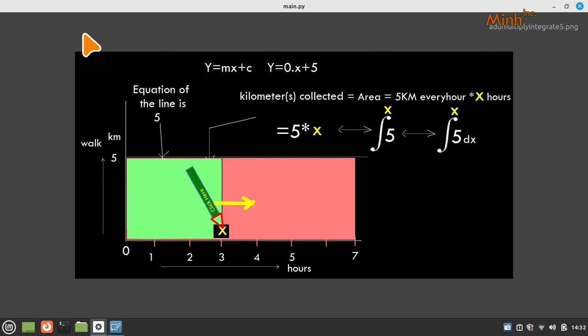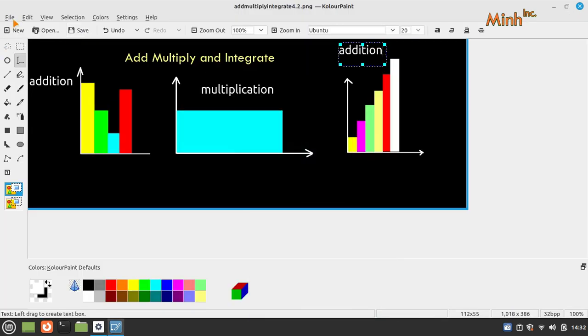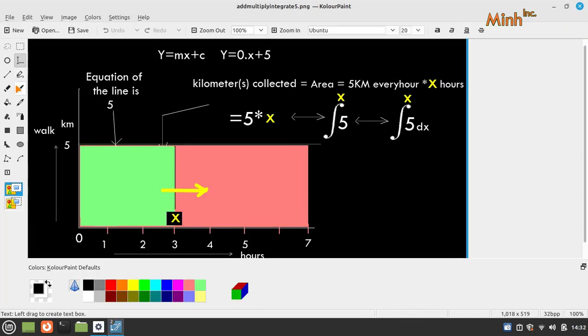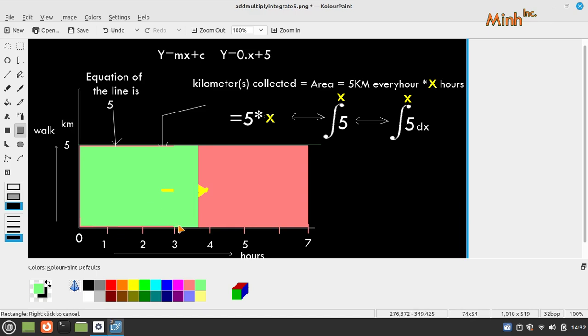So x is here, and sometime later x can be here.